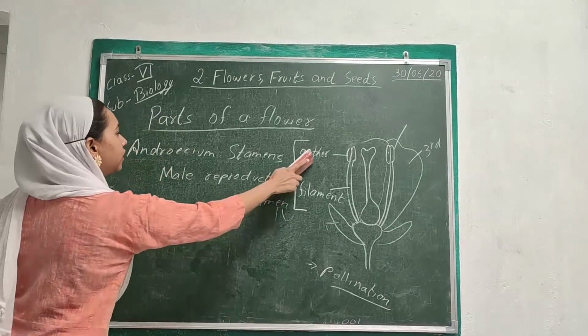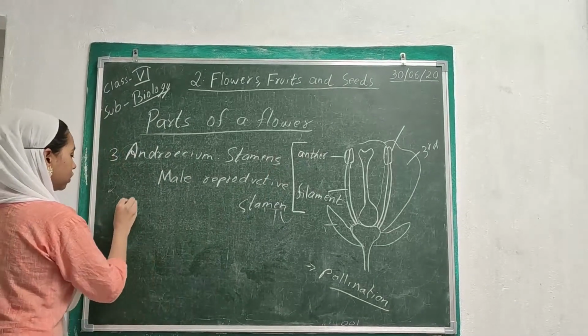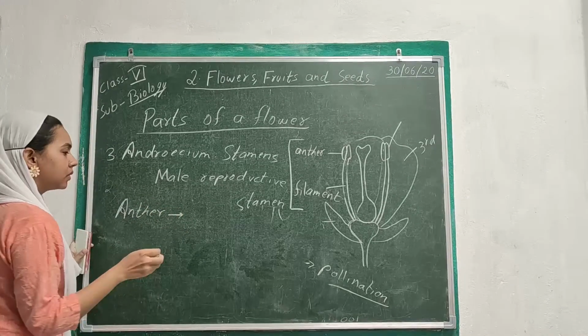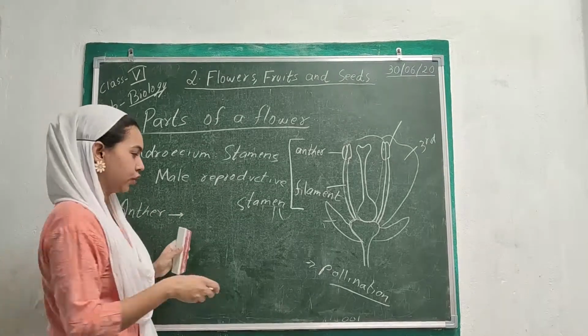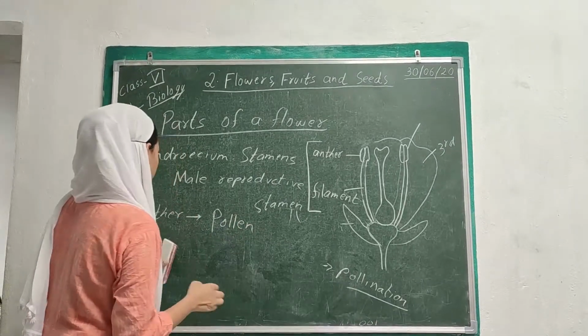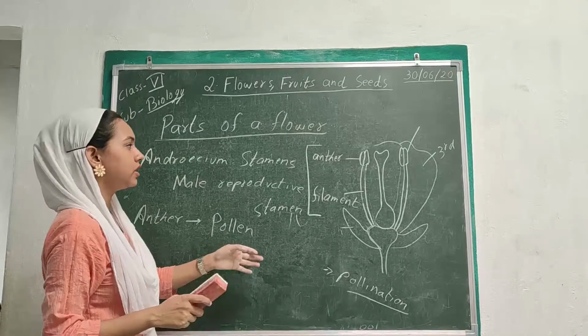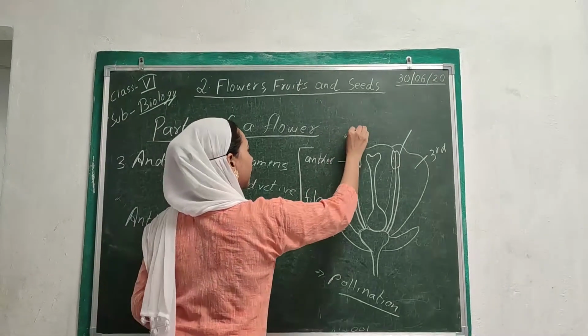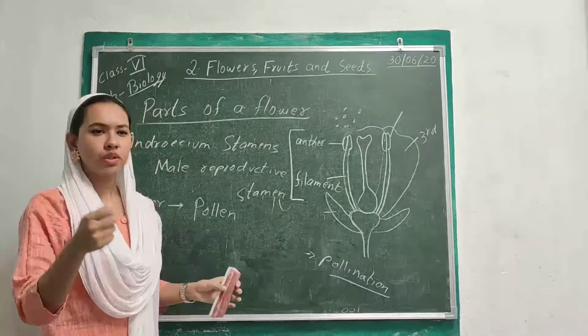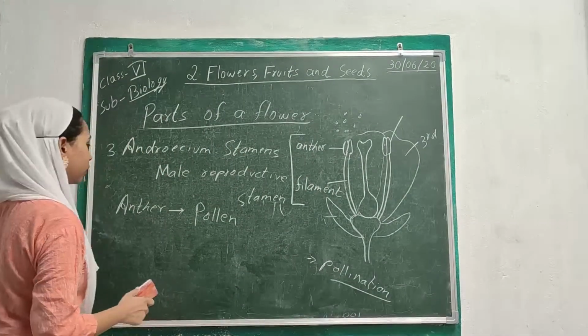Now, what does the anther do? The anther produces some yellow powder-like stuff, the small yellow things which are almost like powder. This is known as pollen or pollen grains.